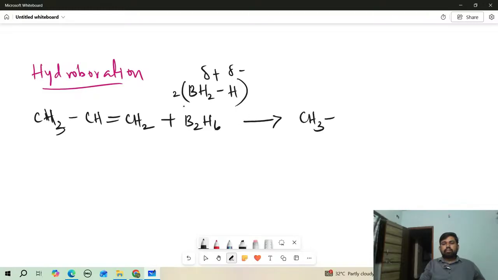CH3, CH, CH2. And here the BH2 carries a negative charge, and H carries a positive charge.